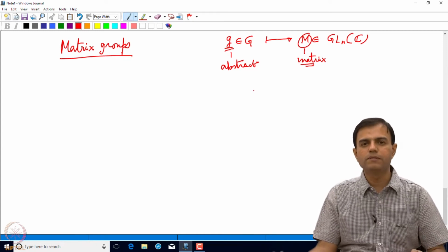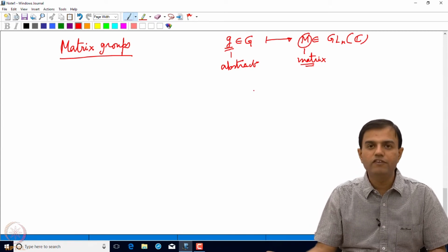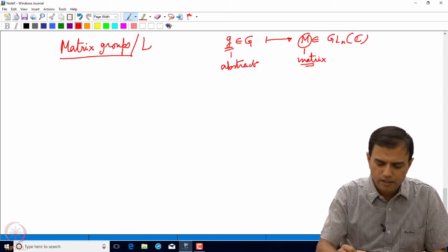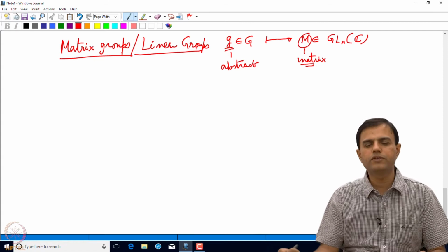So what are the examples of matrix groups? There are plenty of them, and in fact it's a whole theory of matrix groups.